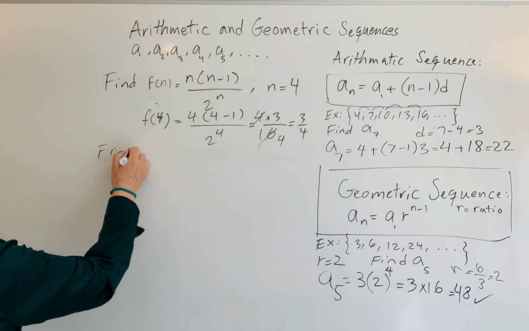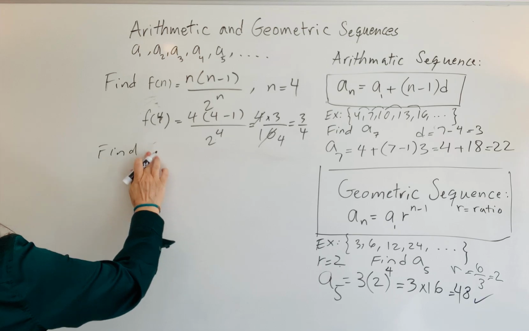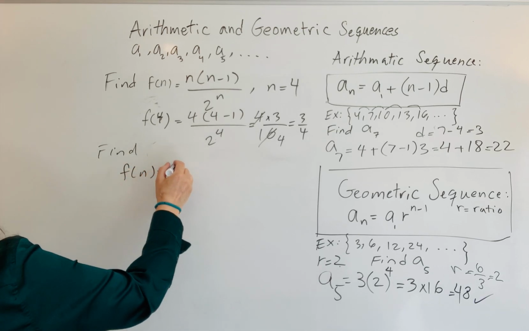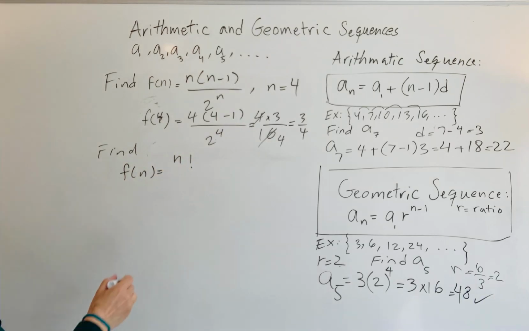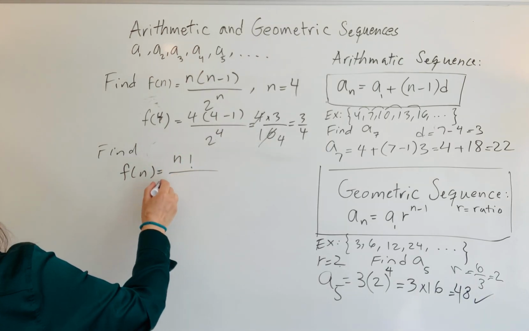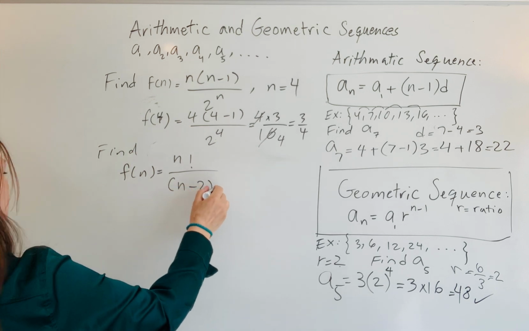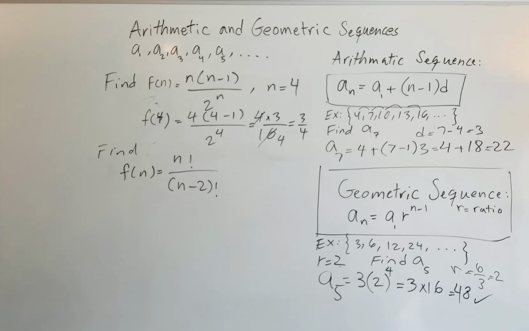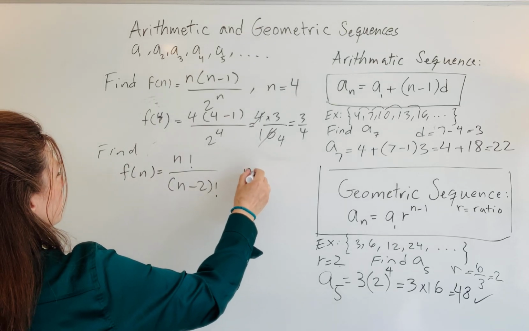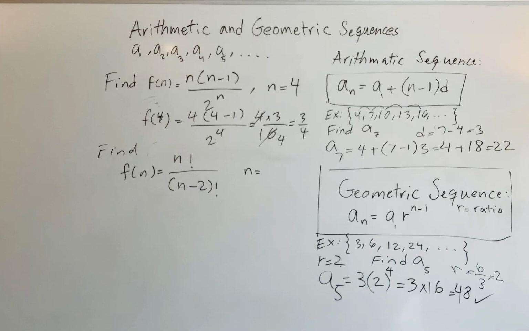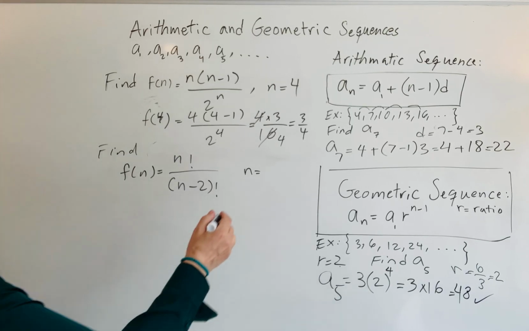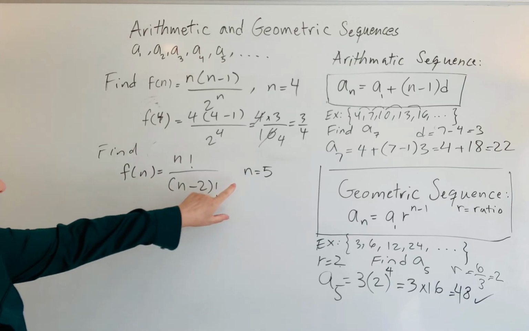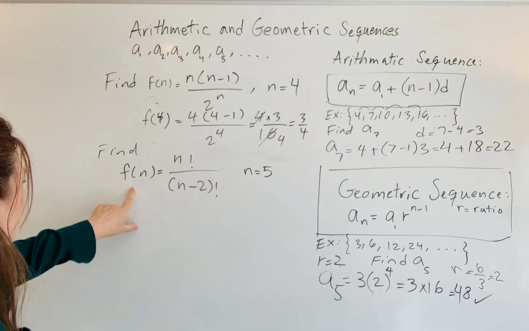Find f of n equals n factorial over n minus 2 factorial, when n is, for example, 5. This as a function. n is 5. How can we find this one?